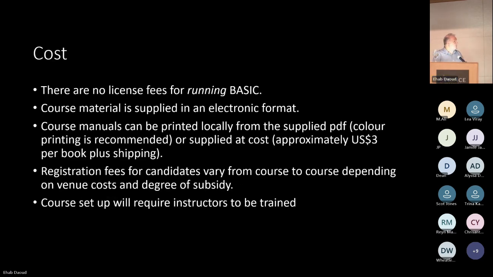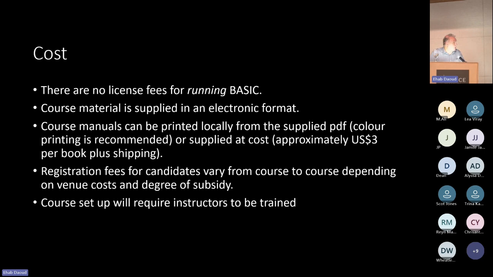Cost: there are no license fees for running basic. We don't charge anything for the material at all. Course material is supplied in an electronic format, which allows course organisers to print a hard copy of the text. We don't encourage distribution of the PDF because of historical problems with which version you've got.